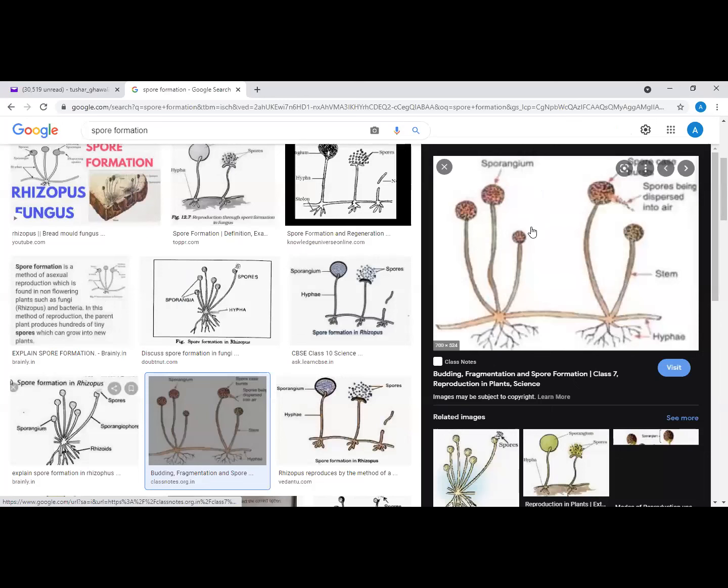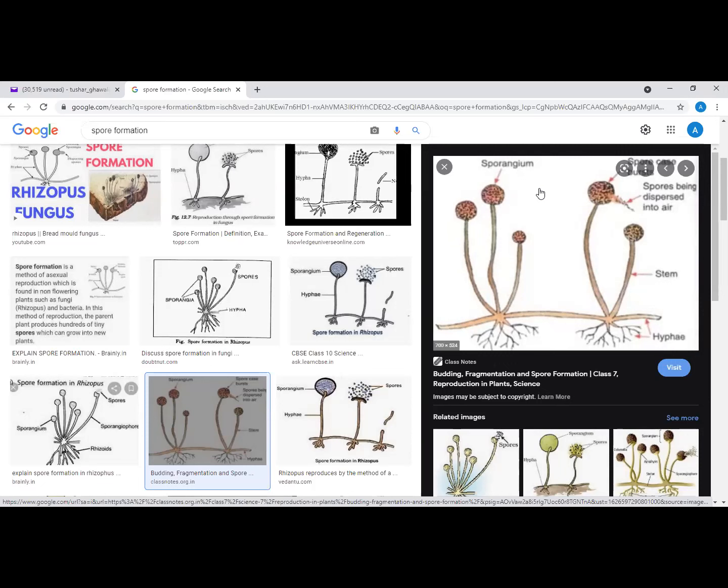Enlarge this and you will see the sporangium, which possesses the reproductive part. The way flowers have anthers, the male reproductive part, in the same way this sporangium has the reproductive part. After bursting, the spores get sprayed and start reproducing.